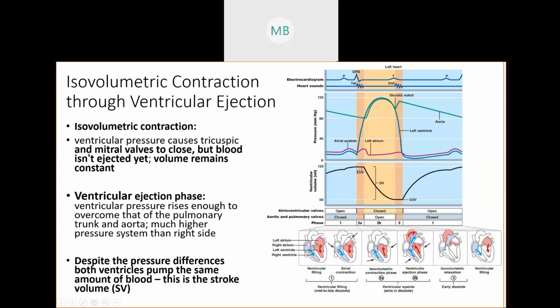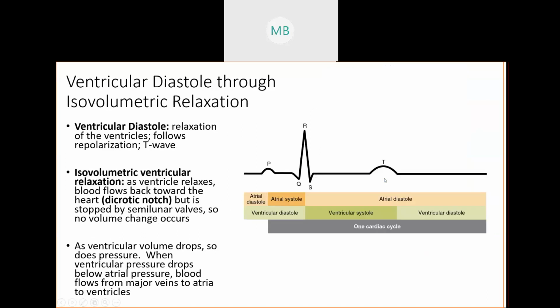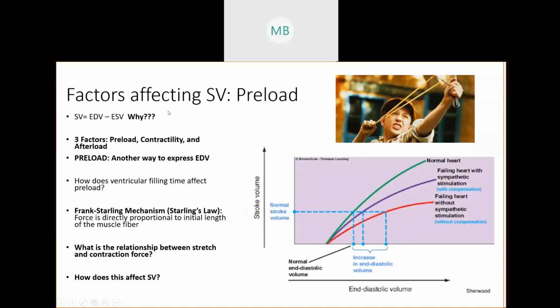We want this number to be as close to full as possible, and this number to be as close to empty as possible, to make things as efficient as possible, which is what your stroke volume is. That means there are three major factors that are going to affect your stroke volume, which is how efficient your heart is.